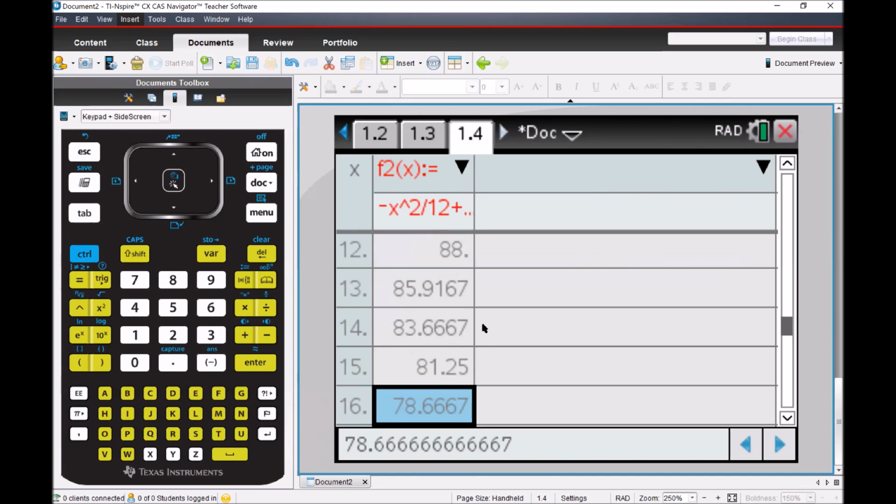I know that by the time you get to 15, 81 is not all that far from where 100 is, is it? And you can actually stop right here at the 20.